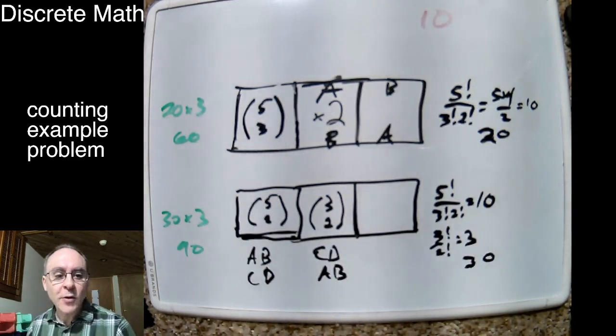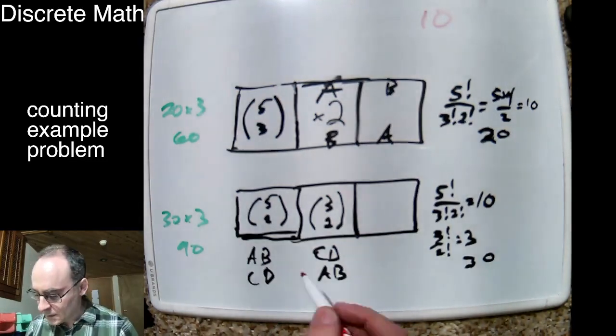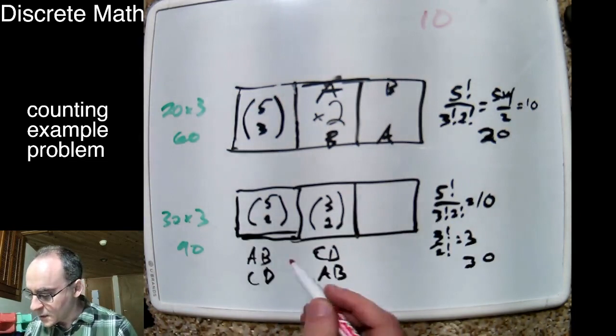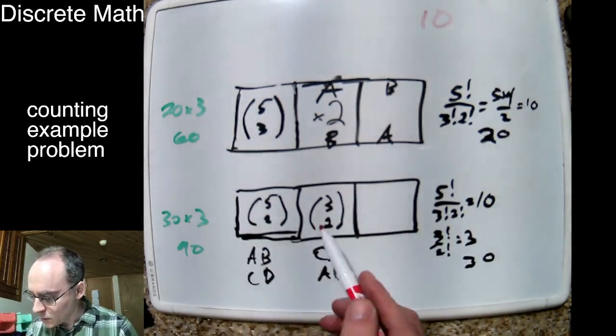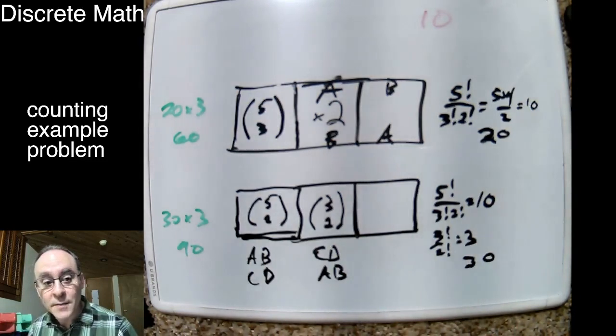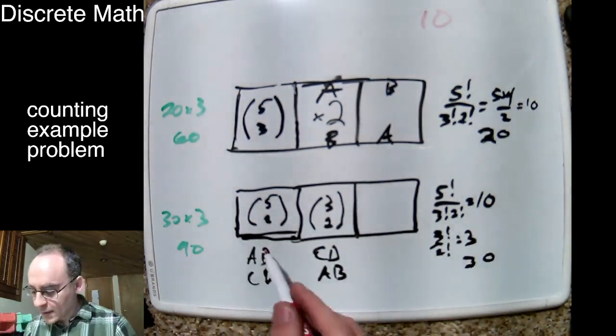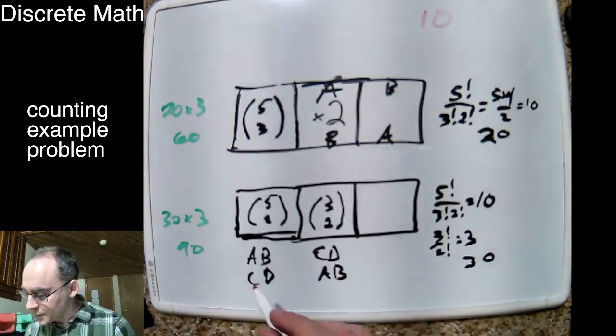And so it basically boils down to how many ways there are of swapping 2 objects, or how many permutations there are of 2 objects, and there's just 2. It's basically saying I could swap the two objects and not change anything. So I have the 10 times the 3, but I want to divide that by 2 to account for the fact that I don't actually care whether I've got AB in one box and CD in the other.